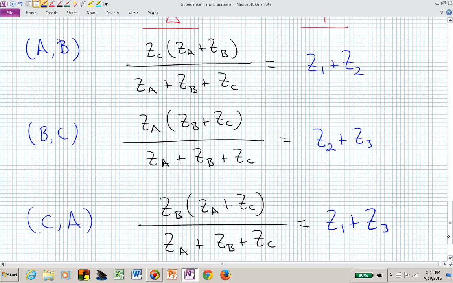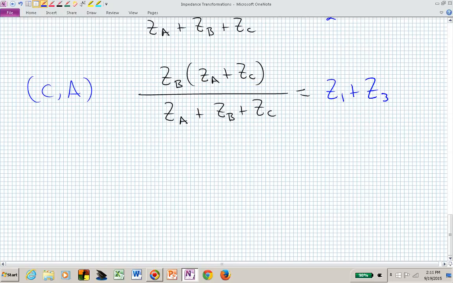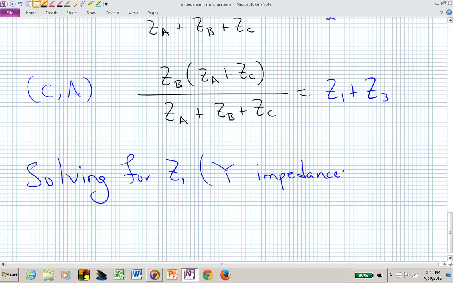We now have three equations in these six unknowns, and now we want to solve for one of those unknowns, this Z sub 1, in terms of the other three delta impedances, Z sub A, B, and C. What we're doing then is we're solving for Z sub 1, and that's actually the Y impedance that's touching terminal A in the schematic diagram.